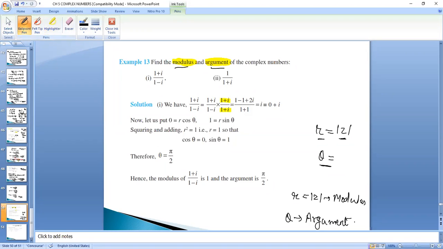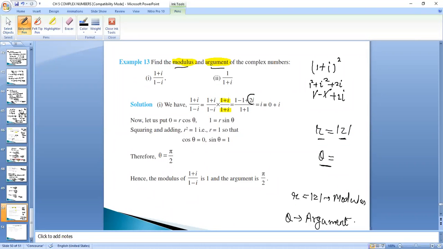So in the numerator, 1 plus iota into 1 plus iota, it will be 1 plus iota square, which means 1 square plus iota square plus 2 iota. Iota square means minus 1. 1 minus 1 cancel.